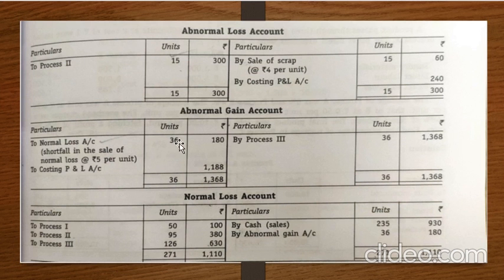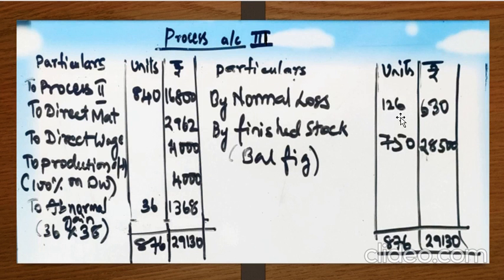Out of this abnormal gain account, you can adjust your normal loss, as there is a shortfall in the sale of normal loss at rupees 3 per unit. Your normal loss for process 3 is 126 units and 630 rupees. As you've got abnormal gain, you can set off this normal loss.